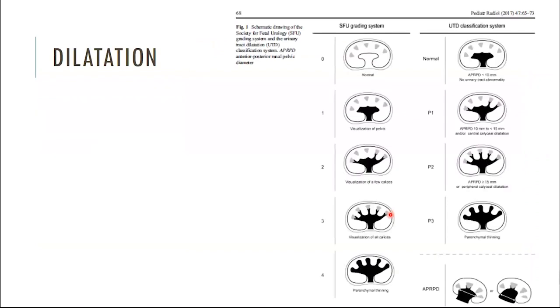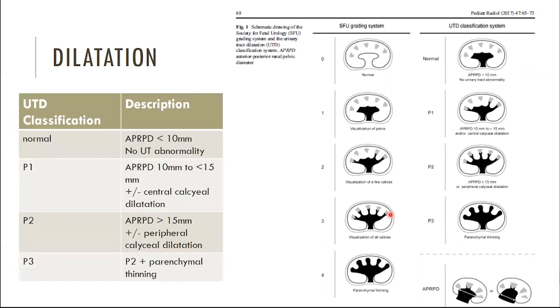All right, but it was a good segue to hydronephrosis. There are a few different grading systems out there, and your radiology department may use one or the other. I've seen mixed data about which is better. As a fellow in critical care, seeing whether there's severe, moderate, or mild hydronephrosis is probably more than sufficient.